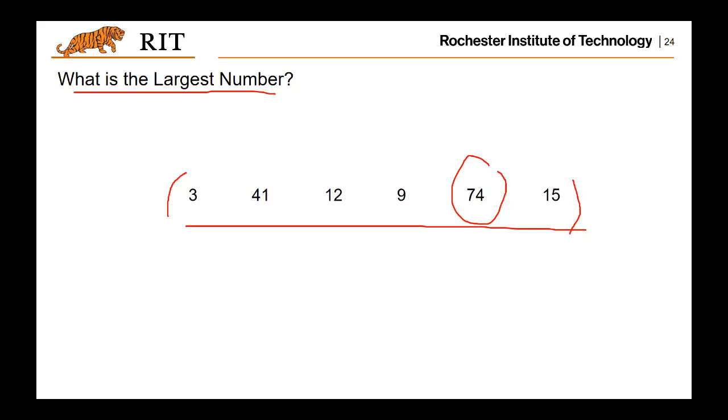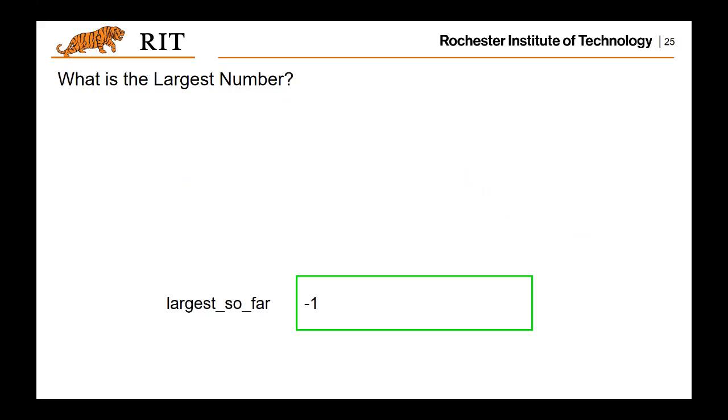So the idea is we first set up an initial value to a variable, which is called largest so far, and we set it to -1 and use this variable to compare with each of the elements inside the array and see if any of the numbers is greater than this, then that number will be kept in this largest so far variable.